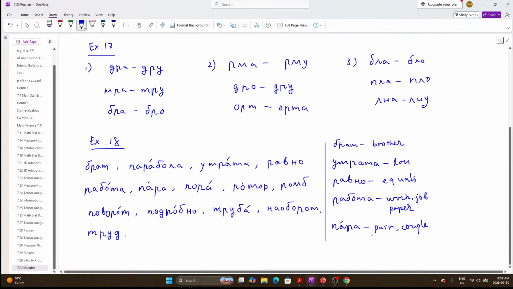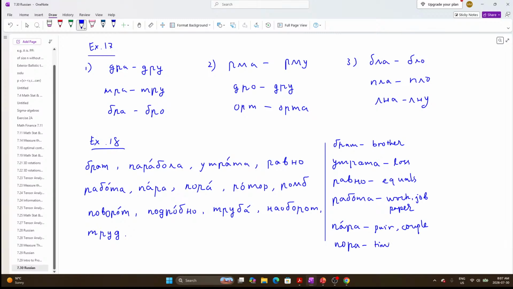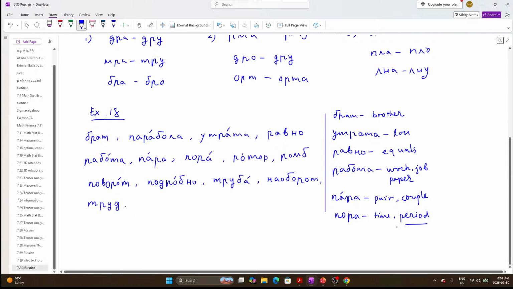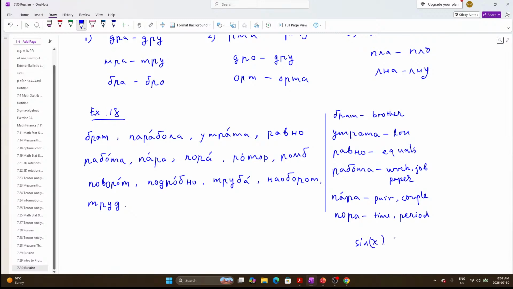Пара is also time period. Is this the period in, say, the period of sine of x is 2 pi? You use пара to describe this sort of thing. Stress is on the second syllable.